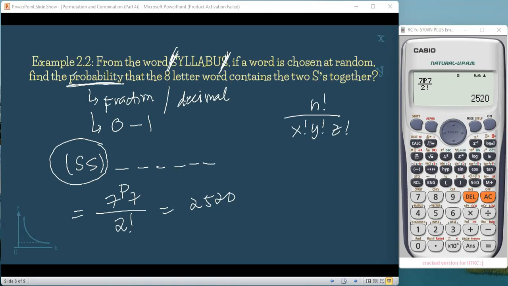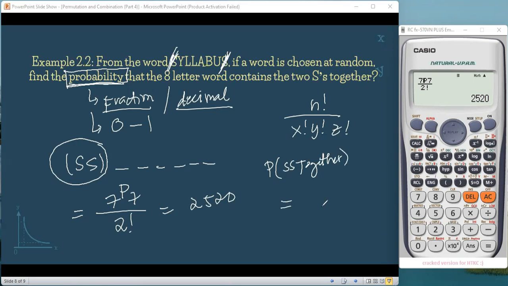Hindi pa po. Kasi nga po my dear students, diba, ang tinatanong sa atin, the probability. Ibig sabihin po, fraction or decimal yung magiging result natin. So para po ma-compute natin yung probability na kailangan po yung 2 S ay laging together. So S and S together.